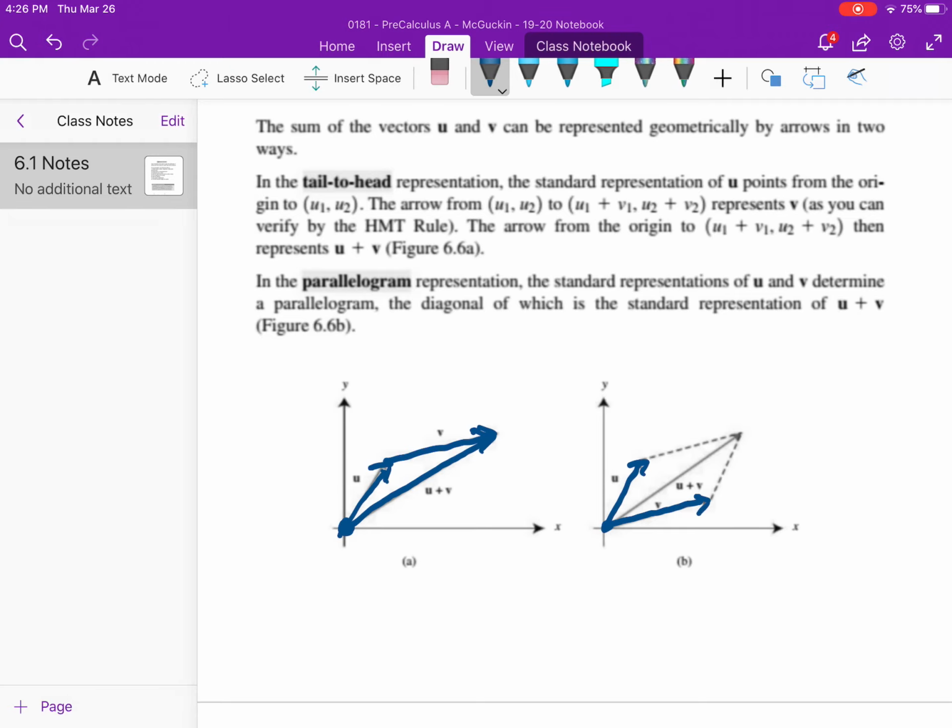So instead, we can make a vector u plus v, and it shows this representation in a parallelogram form. Now I can take the heads of all three of these vectors and combine them. As you can see here, this does form a parallelogram representation. Again, they are just representations of how to show the vector addition.